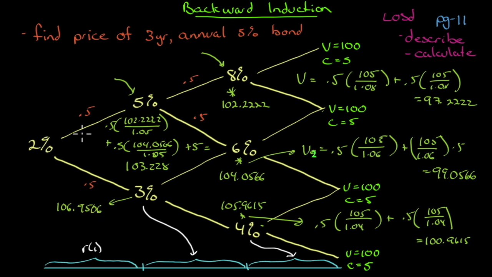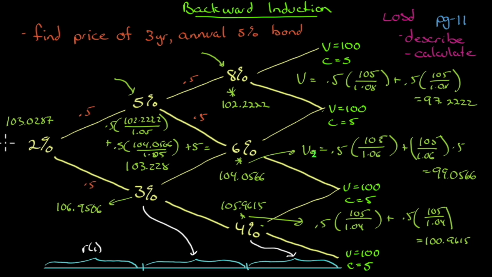And this last one over here, we don't add 5 to this one because there is no cash flow at time 0. The first payment starts here. We just bring back 103.228 at 2%, and we add that to 106.9506 at 2% and divide by 2. We will get 103.0287. So that is how we do backwards induction.